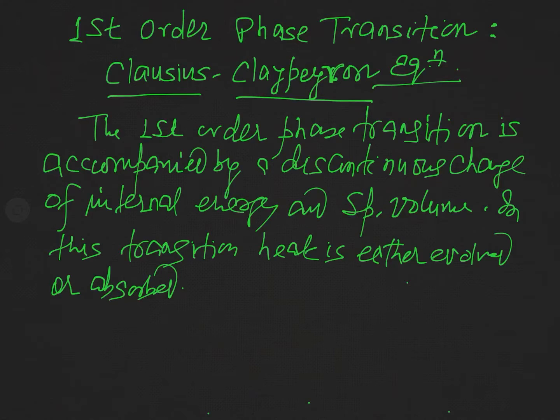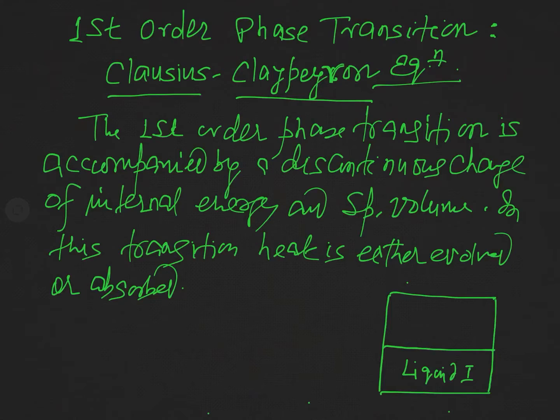Now, to discuss this first order phase transition, let us take a common example: the transition of a liquid into its vapor state, or a vapor condensing into its liquid state. So let us consider a closed vessel, and inside this vessel there is a liquid, and that liquid is heated, and after heating it transforms into vapor state.